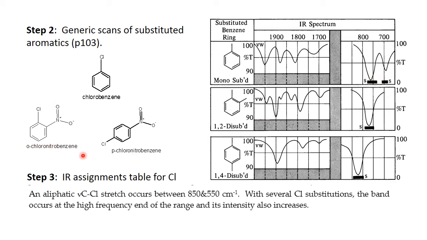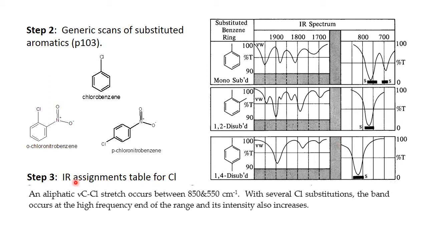For the ortho di-substituted aromatic ring, we'll see a single absorption band just below 800, approximately 770 wave numbers. And for a para-di-substituted aromatic ring, we again get a single absorption band, this one just above 800, typically around 830 wave numbers. So these are usually pretty easy to pick out on an IR spectrum.